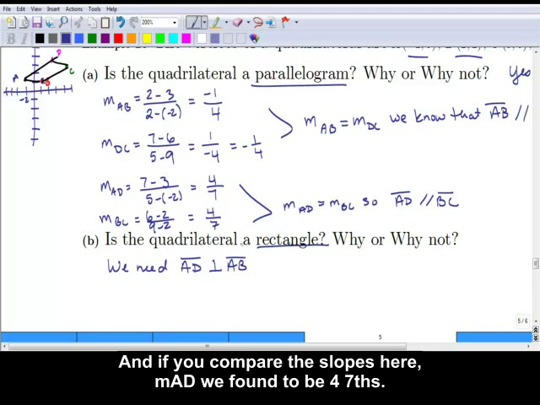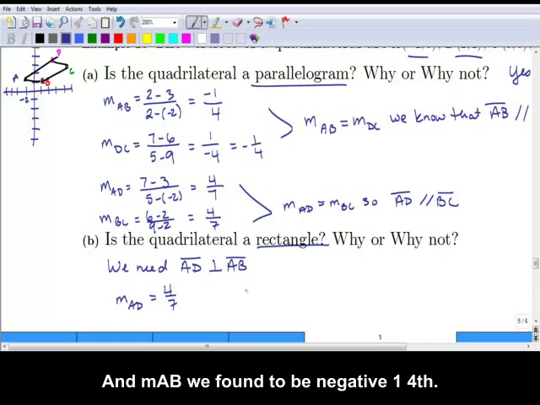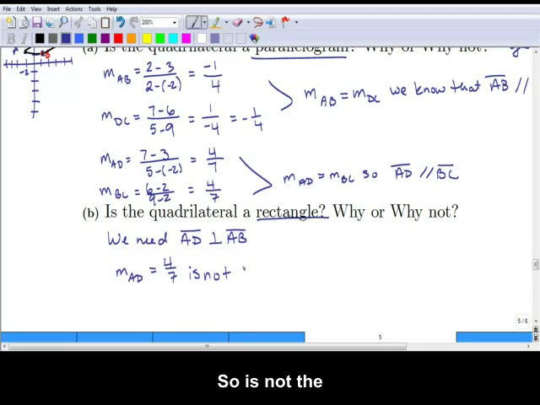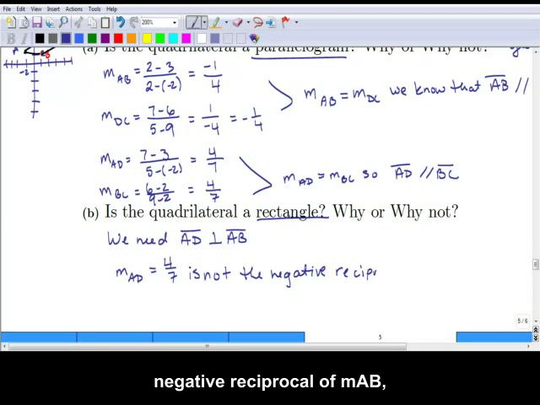And if you compare the slopes here, m_AD we found to be 4/7, and m_AB we found to be negative 1/4. These are not negative reciprocals. So 4/7 is not the negative reciprocal of m_AB, which is negative 1/4.